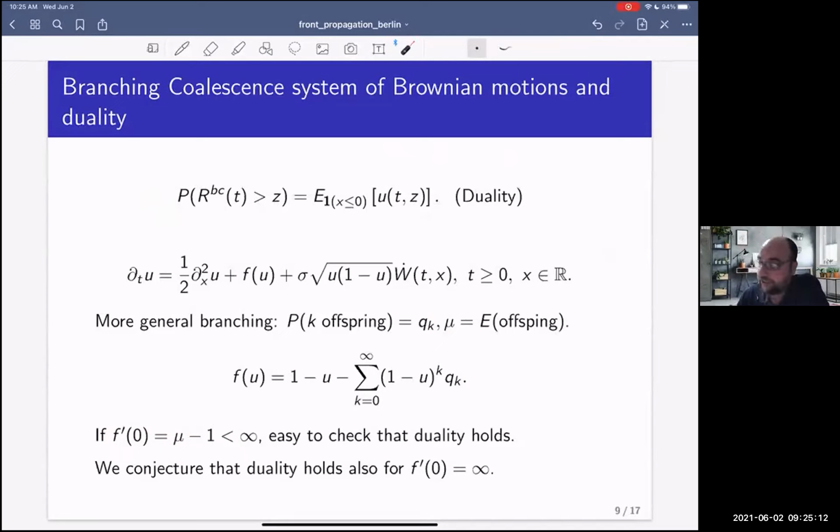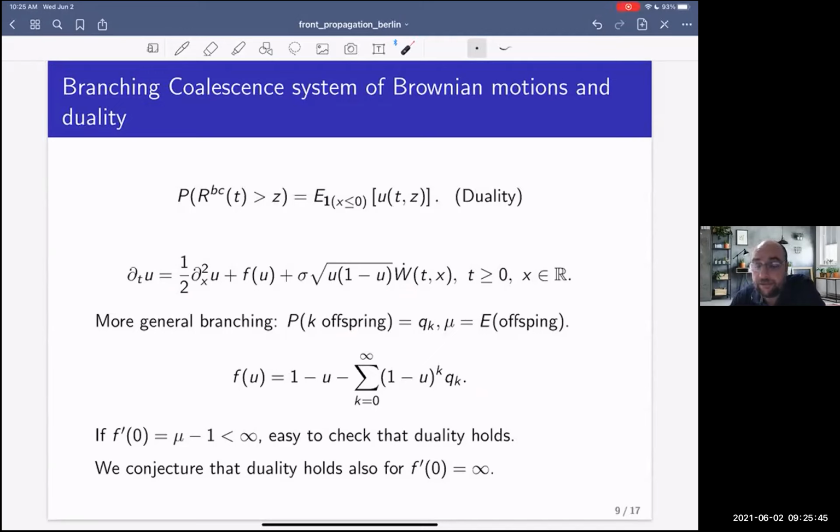And we conjecture that duality holds also when the derivative of the function at 0 is infinite, and this brings us to drifts which are not necessarily Lipschitz. This also gives us a motivation to study it, since for special functions f(u), which are not Lipschitz, we can relate the solution of this stochastic KPP equation to the branching coalescent Brownian motion, where the branching has infinite mean.